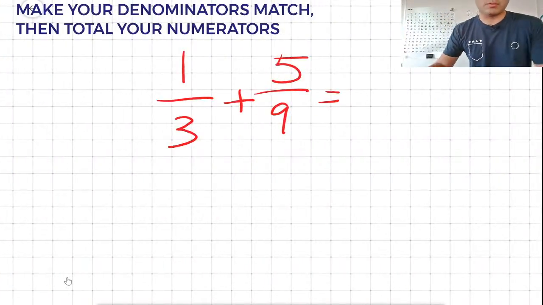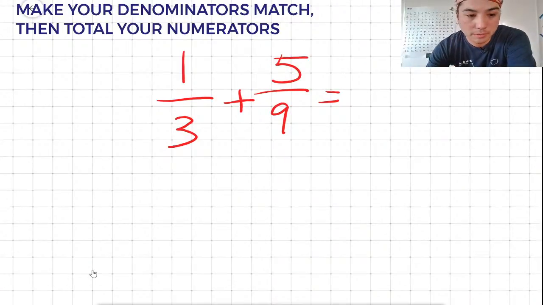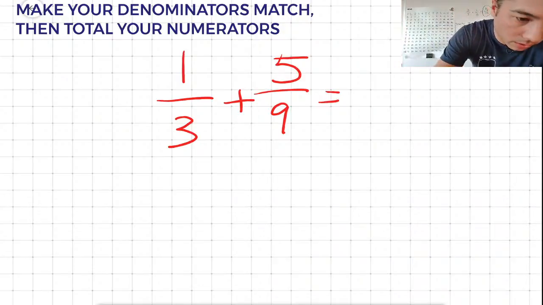So let's start with this one, 1/3 plus 5/9. Okay, so remember, we're making our denominators match. We're going to put our rewrite right down here.